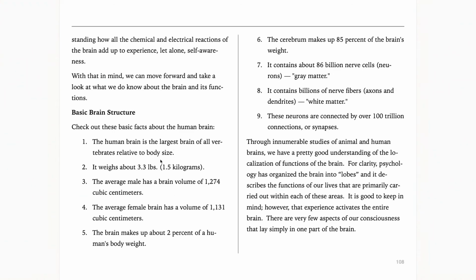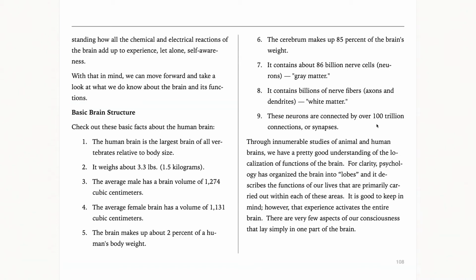Here are some interesting factoids about the brain. The human brain is the largest brain of all vertebrates compared to body size, weighs about 3.3 pounds, about 1,274 cubic centimeters, about 2% of the human body weight. It has 86 billion nerve cells, the gray matter, and it contains billions of nerve fibers, axons, and dendrites, usually covered with myelin.